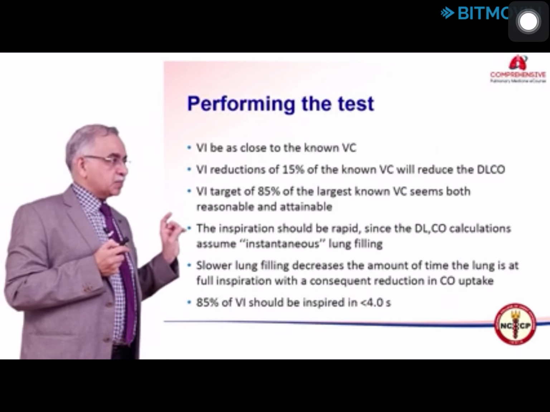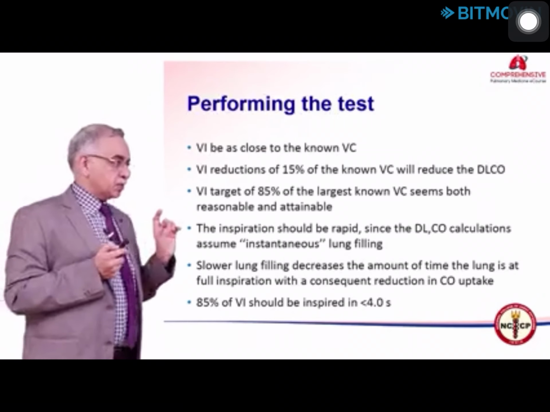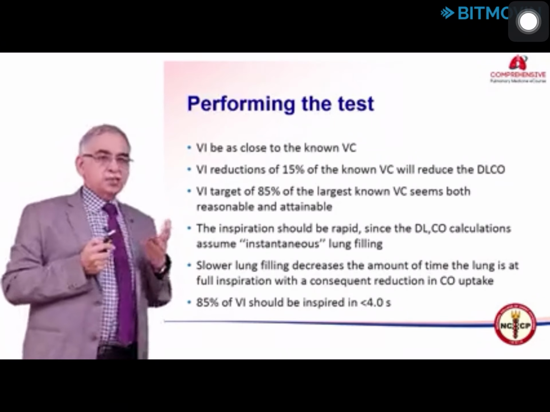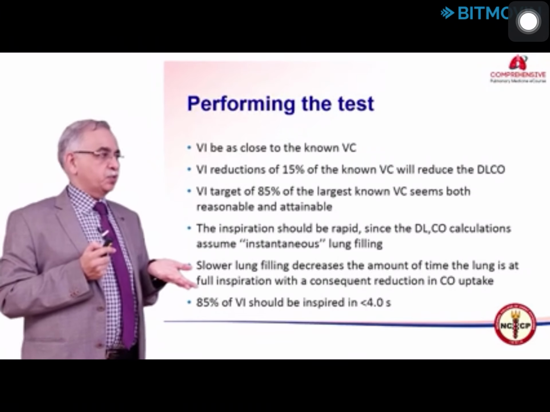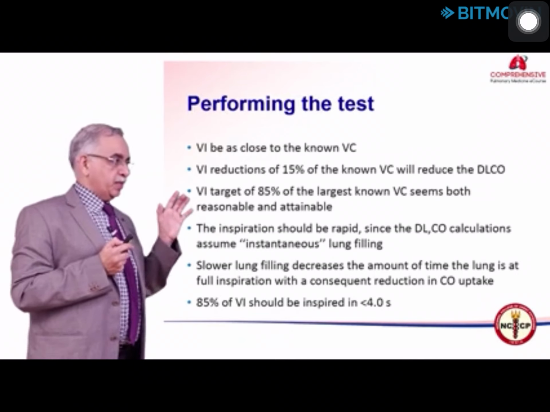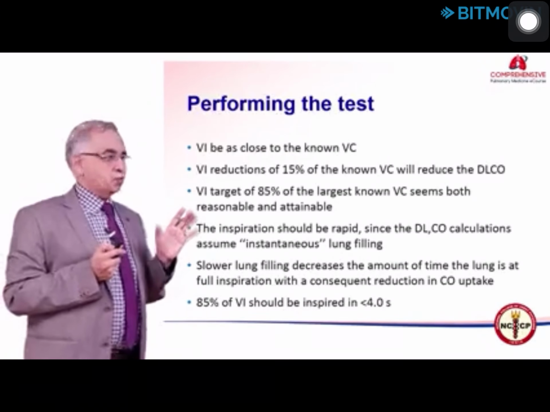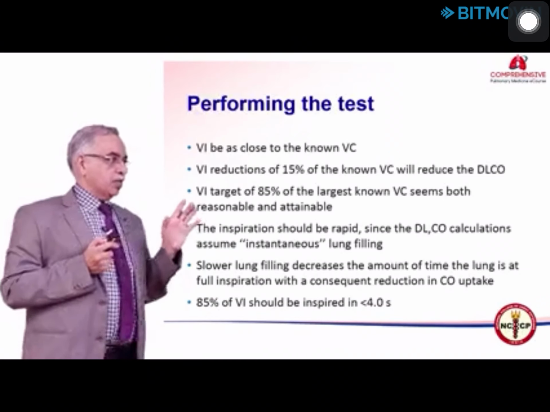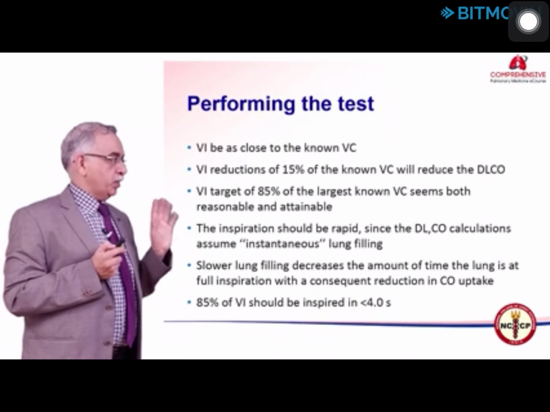The cutoff is 85% of the known vital capacity, and this is known because spirometry is done before the diffusion capacity test. So, VI or the inhaled volume must be at least 85% of the largest vital capacity. If this is not so, then the test is not valid.